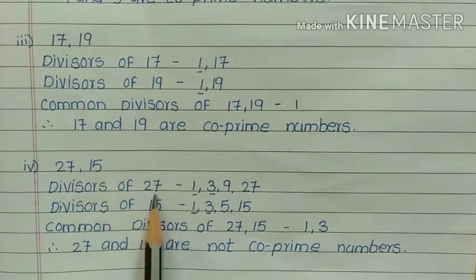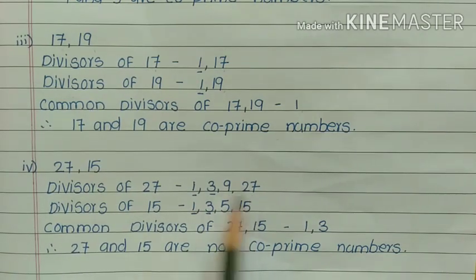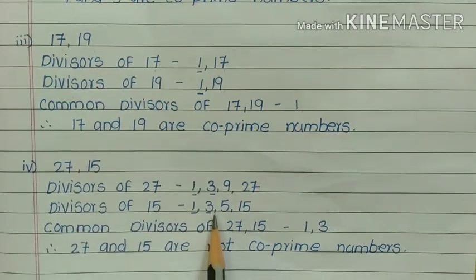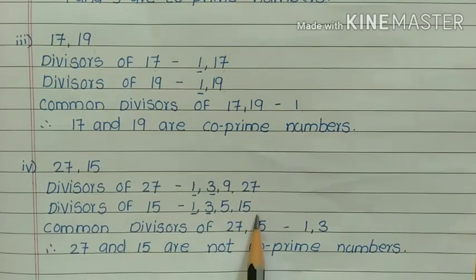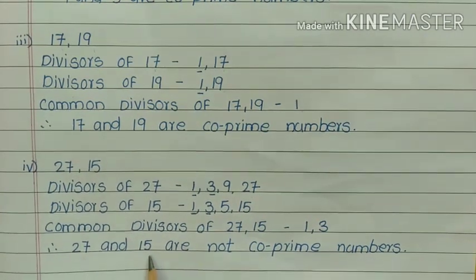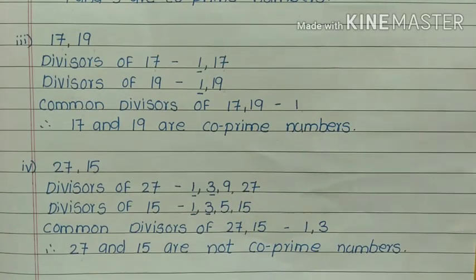Divisors of 27: 1, 3, 9, 27. Divisors of 15: 1, 3, 5, 15. Common divisors are 1 and 3. Therefore, 27 and 15 are not co-prime numbers.